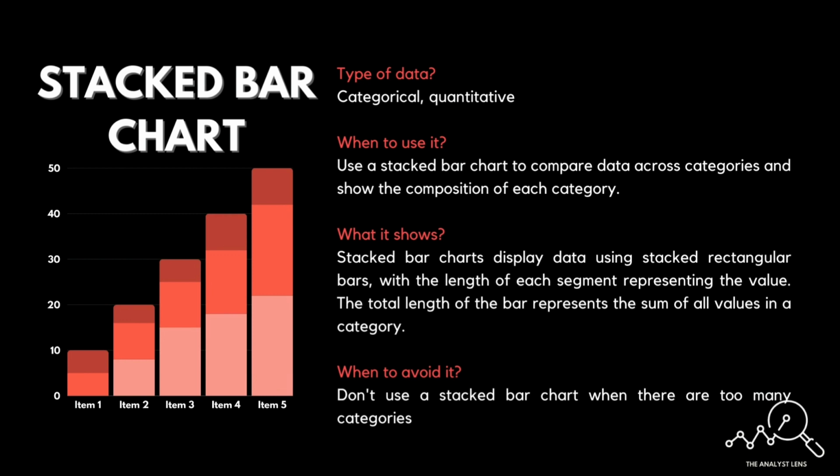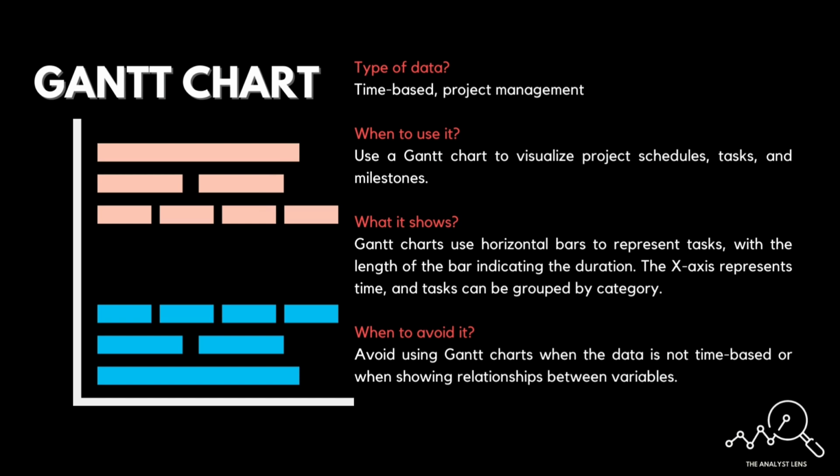Another one that we have is Gantt charts. The type of data preferred should be time-based or for project management. Use a Gantt chart to visualize project schedules, tasks, and milestones. Gantt charts use horizontal bars to represent tasks, with the length of the bar indicating the duration.